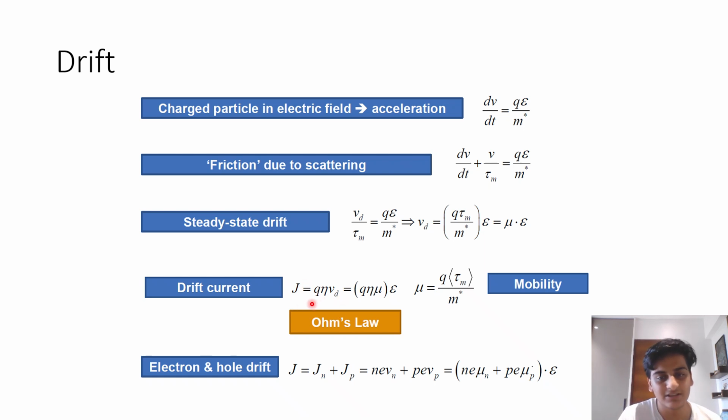So this is the expression that we get, and so we are also able to see how you get a current that is proportional to the electric field. Q here, of course, represents the electronic charge.